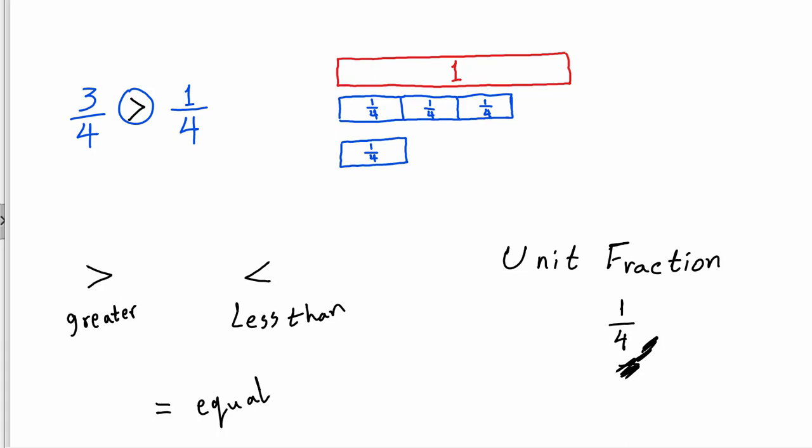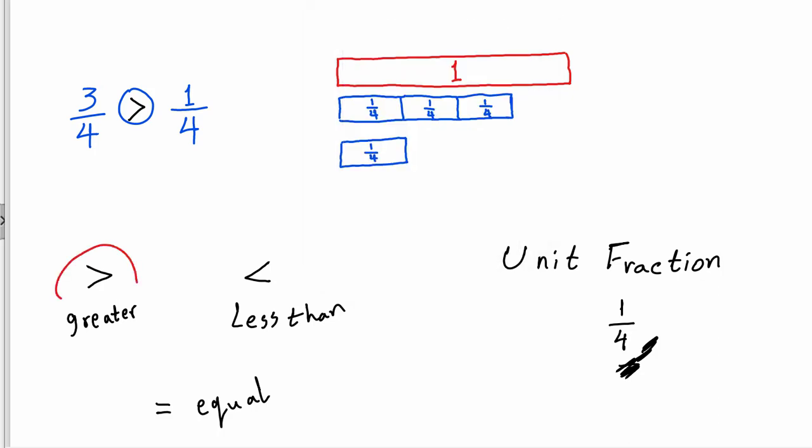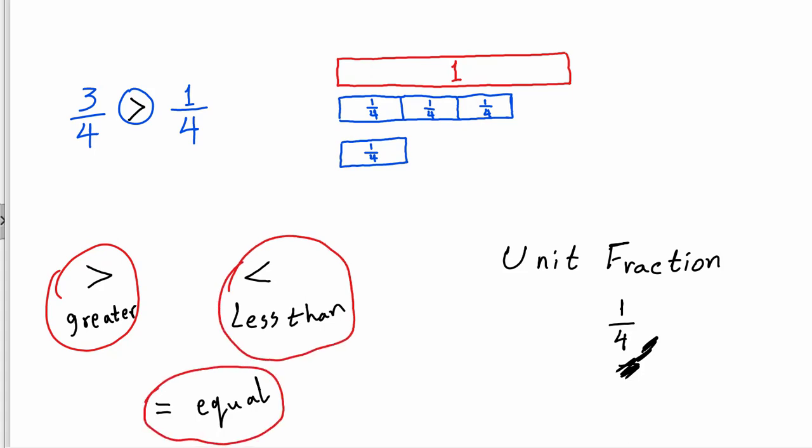Okay, so my heroes, to compare fractions, we use one of these signs, greater than, less than, or equal to. Okay, I'm writing here, but not writing here, so let this be only less to make it the same size. Okay, so we use one of these 3 signs.